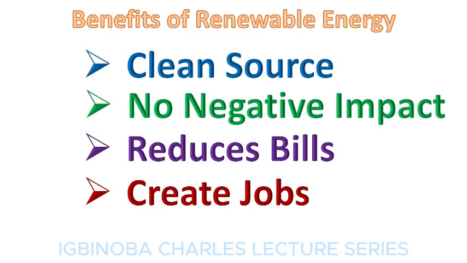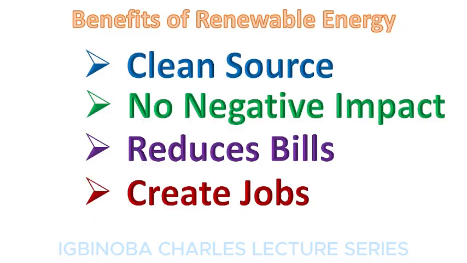Four, they create jobs. Renewable energy sources need to be regularly maintained and serviced to ensure they are working at full efficiency. For example, in our environment, we have both a raining season and a dry period. During the dry period, a lot of dust might fall on the surface of the panel.